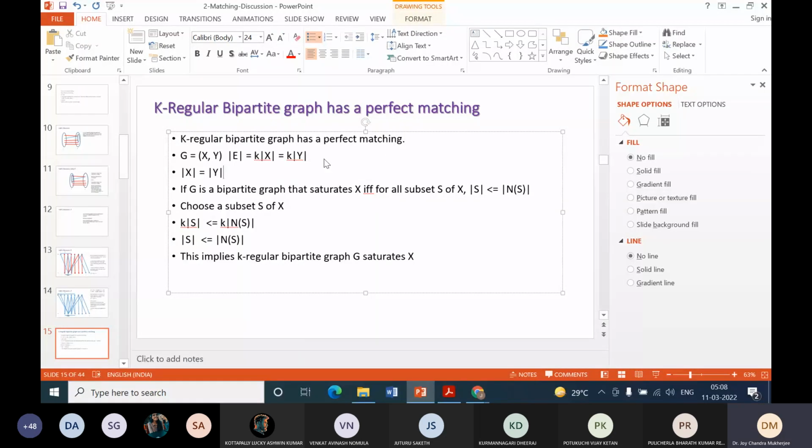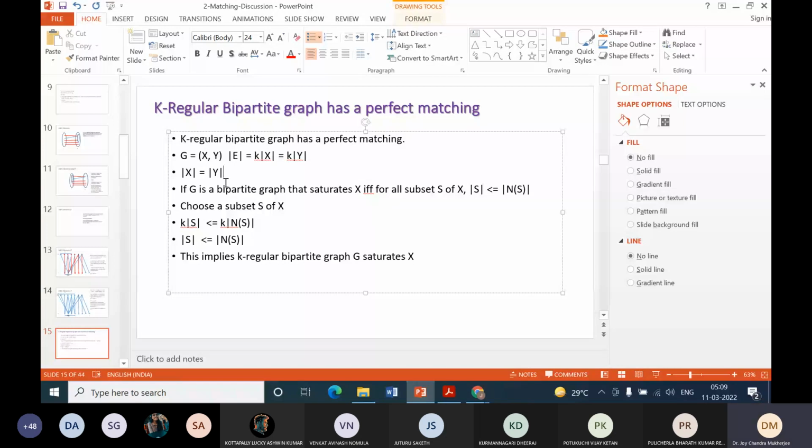Okay. So K regular bipartite. First we have proven that if it is a K regular bipartite graph, then both partite sets have the same number of vertices. That is the first thing we need to prove, and we have proven that. How do we prove it?